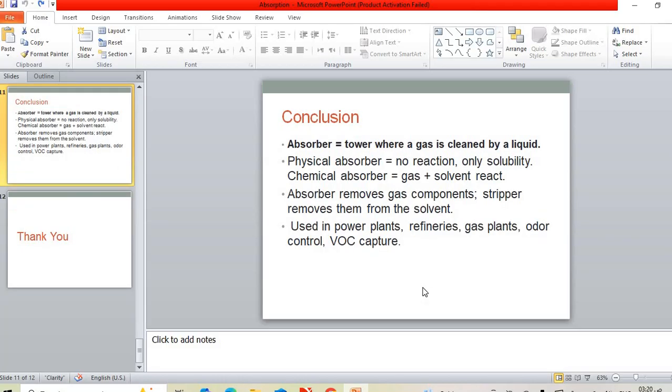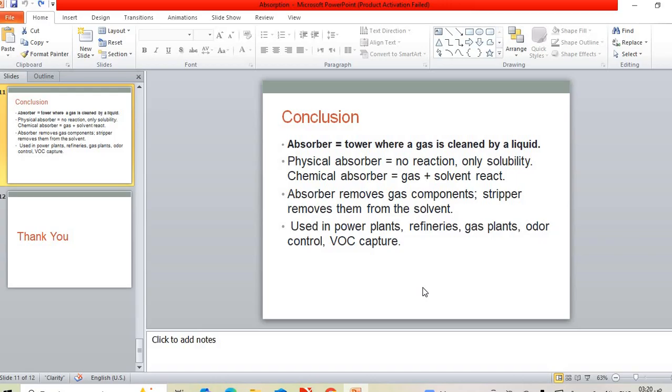To sum up, an absorber is a tower where gas is cleaned by a liquid. Physical absorption has no chemical reaction and is based on solubility and Henry's law, of course. In chemical absorption, gas and solvent react and create a new product which is hard to return back to the initial state.